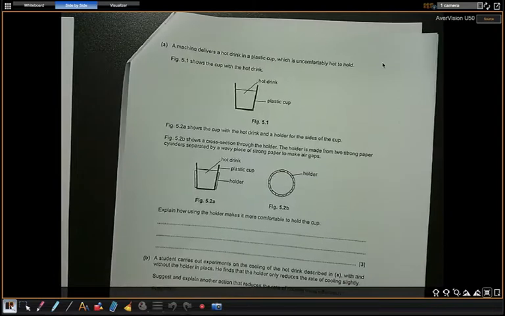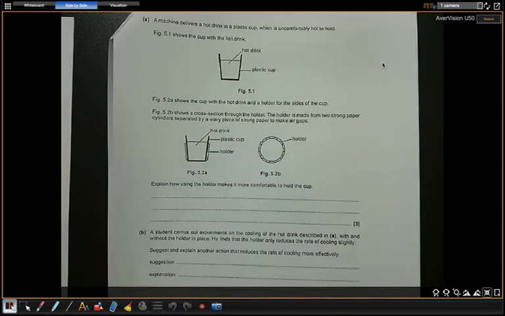Okay. Now, the question about the cup and the holder says: explain how using the holder makes it more comfortable to hold the cup. Okay? Explain.